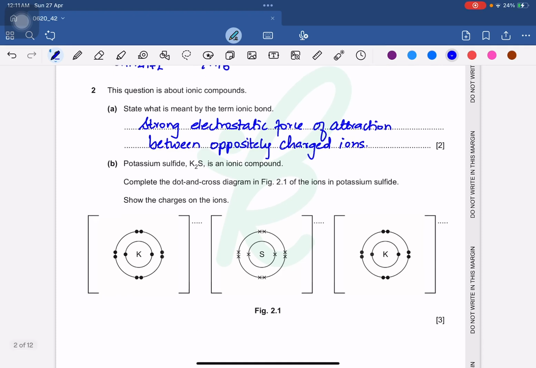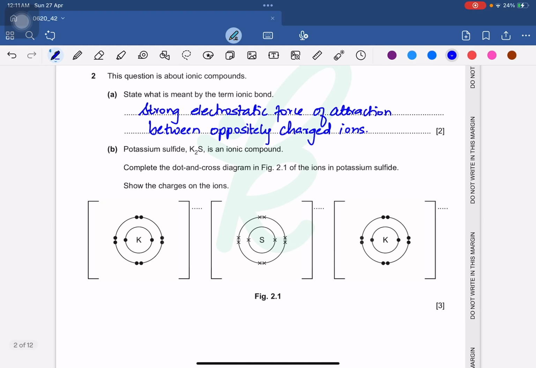Let's move on to the second part. Potassium sulfide, which is K2S, is an ionic compound. Complete the dot and cross diagram in figure 2.1 of the ions in potassium sulfide. Show the charges on the ions. So as we all know, the electronic configuration of potassium in its natural state will be 2, 8, 8, 1.